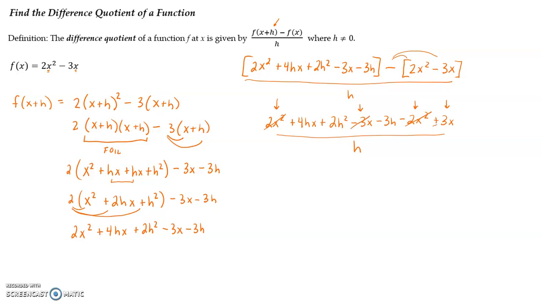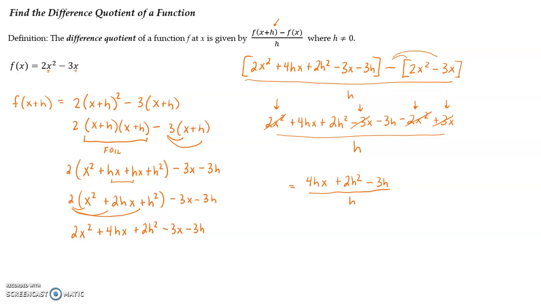Those are going to add up to 0 and disappear. Now let's go ahead and write down what we have left. This is going to give us 4hx plus 2h squared minus 3h, all of this over h.